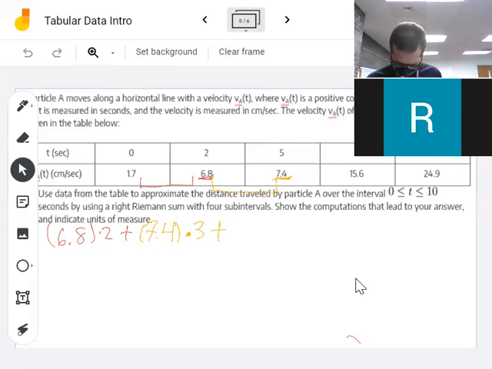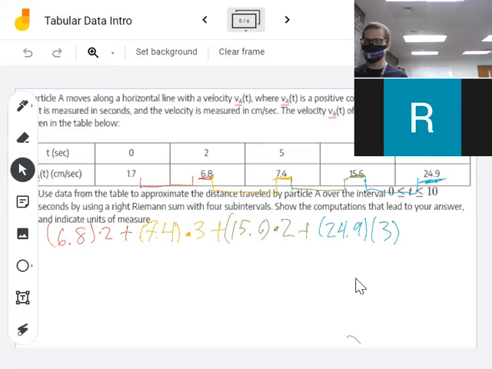All right, next interval, boom. So again, 15.6 is on the right, plus 15.6 times 2 plus the last interval. We're going to use 24.9 times 3. I don't know why I changed my notation there. I just randomly did.